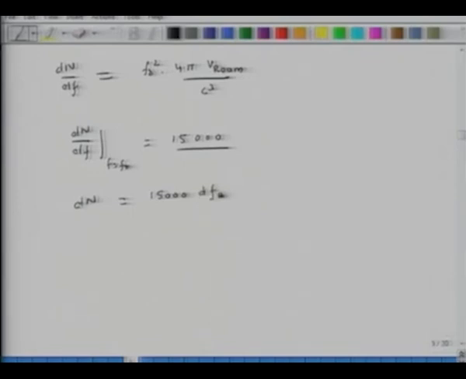So if I make a 1% change in frequency, the change in n, where delta n is a small change, is basically 15,000 times delta f, at f equals 20 kilohertz.